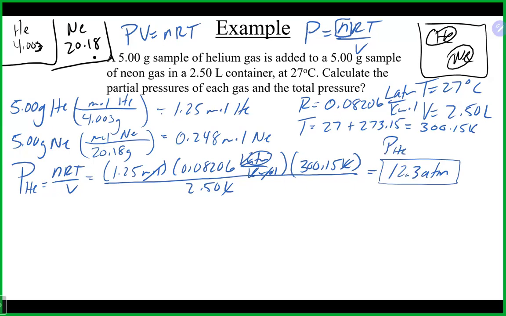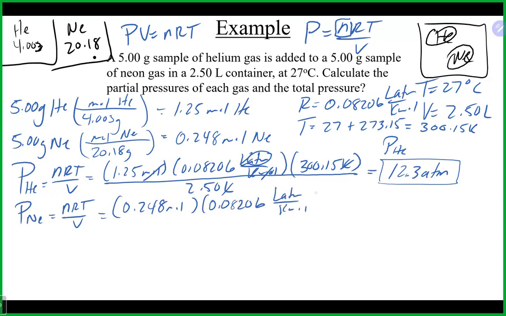We're basically going to redo the exact same calculation here. The only thing that changes is the moles, so we'll use the moles of neon, 0.248 moles. Again, our gas constant. Because they're in the same container, it's still the same temperature and still the same volume.